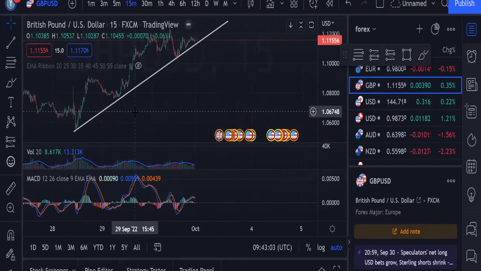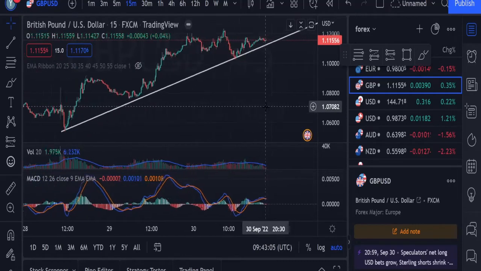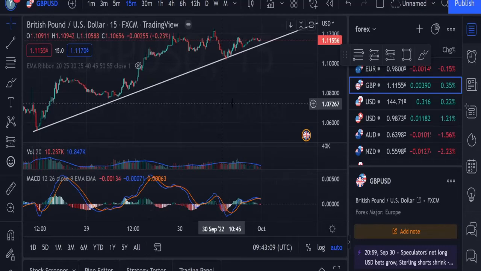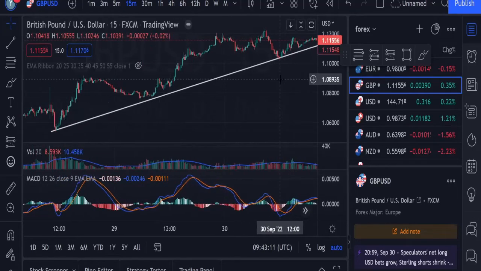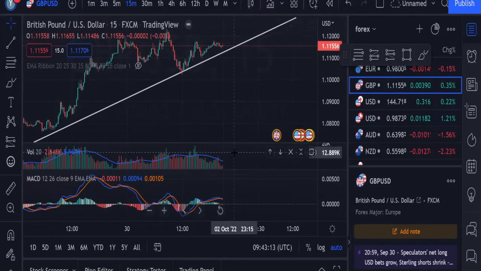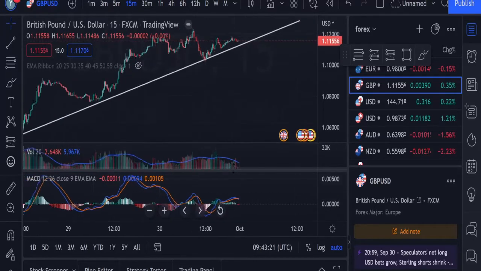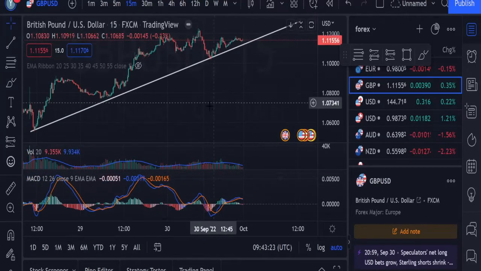So what am I seeing on the MACD on the 15 minutes chart? Yeah, the MACD is supporting to go down, not just because of the MACD line crossing below the signal line, not because of that.